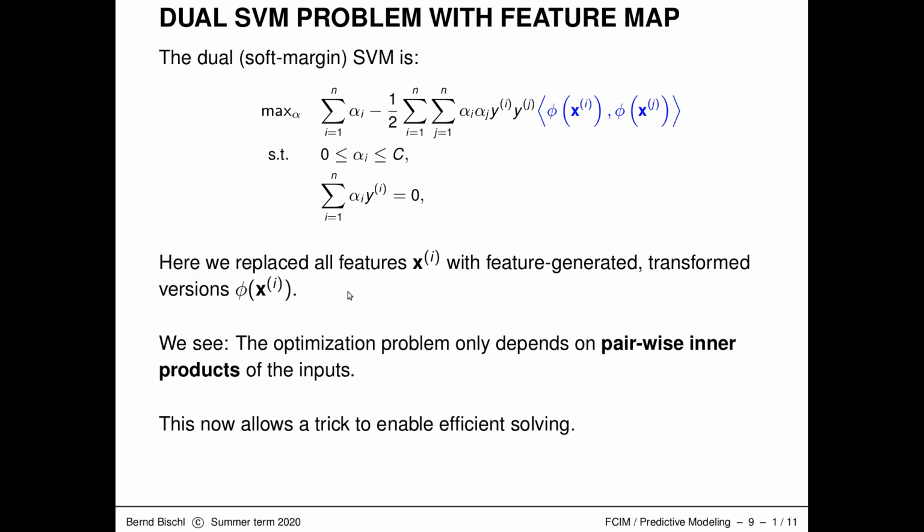And what we could now do is explicitly calculate this mapping and then simply replace all instances of xi with phi of xi and of xj with phi of xj.